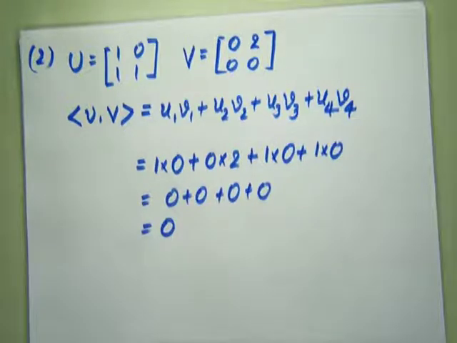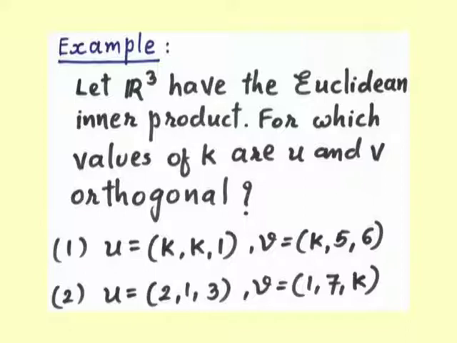Another example. In this example, we have given R3 with Euclidean inner product, and we have to find out the value of K for which U and V become orthogonal.